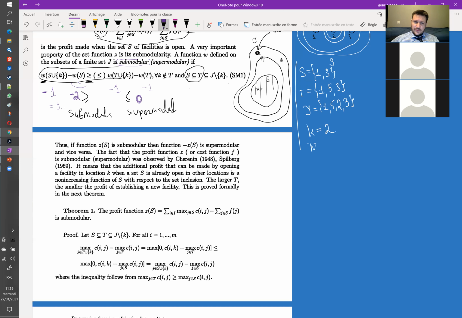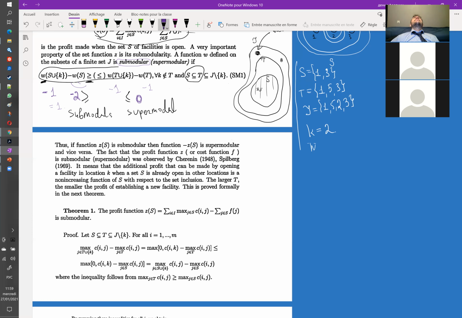So as you can see, we can have a supermodular function and go to the submodular just using minus, but the properties will change.